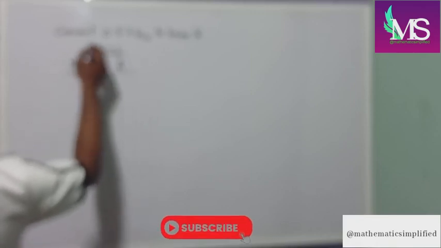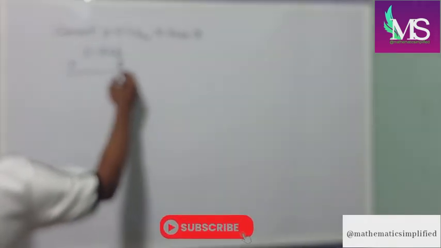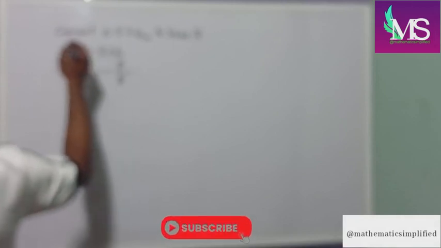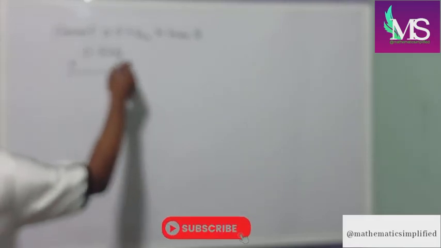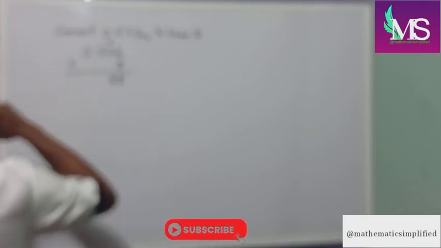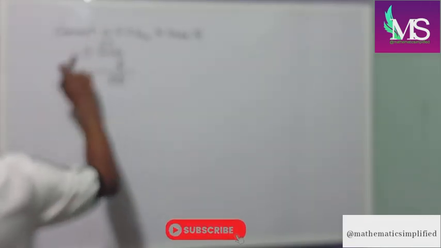Alright, 6 times 8 will give us 48. Write down 8, carry 4. 8 times 2, 16, plus 4, 20. Write down 0, carry 2. 8 times 5, 40, plus 2, 42. Write down 2, remainder 4.